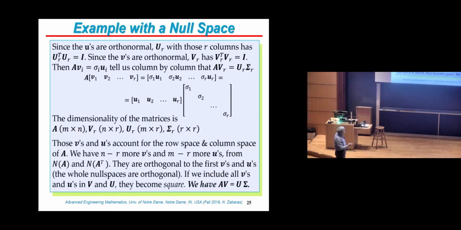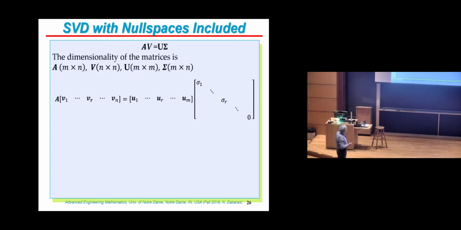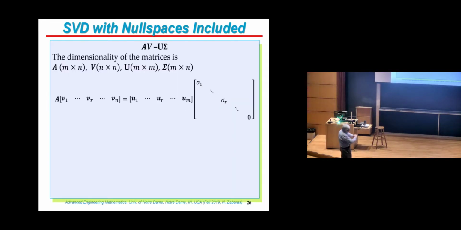Okay, so effectively, if you extend this and you add the vectors from the null space and the left null space, you get this nice decomposition AV equals U sigma, where the sigma contains the singular values sigma 1 to sigma r. And I have not said where they come from, so we would have to explain that.